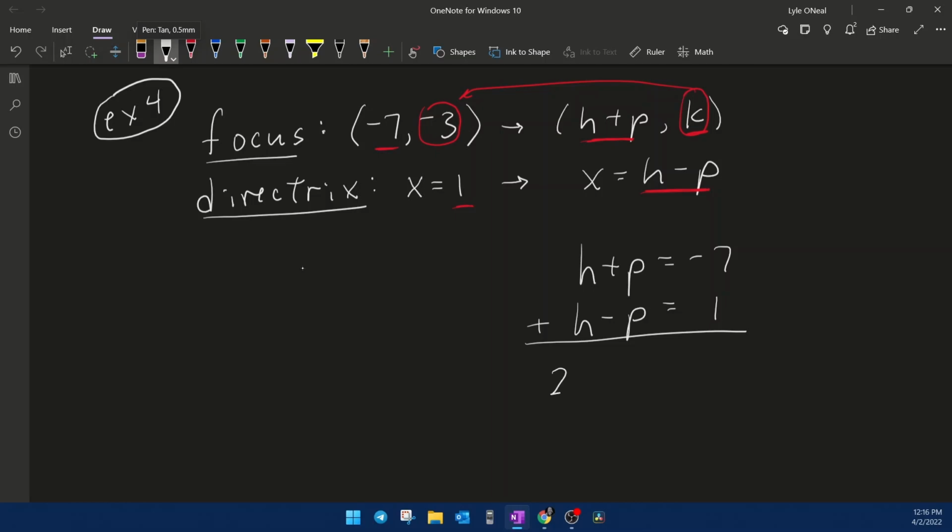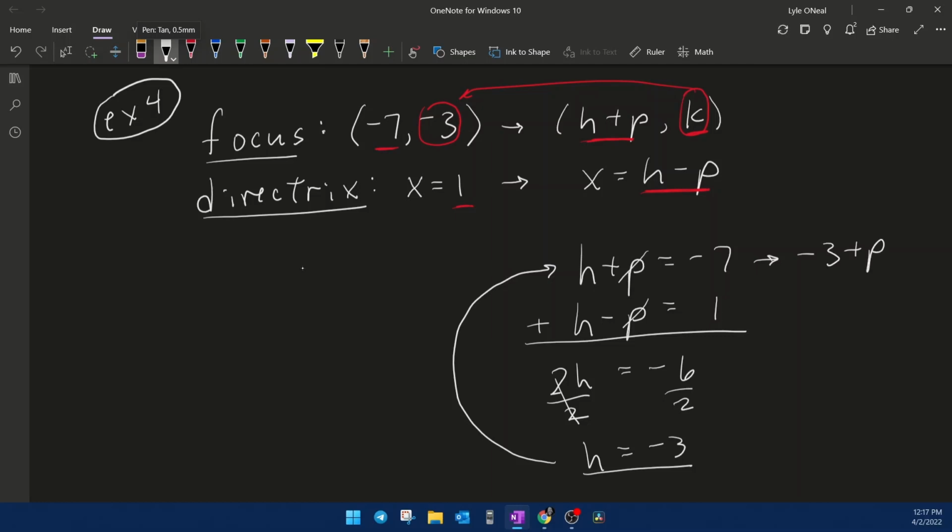Adding, we're going to get 2h. The p's cancel. Negative 7 plus 1 is negative 6. Dividing both sides by 2 gives me an h value of negative 3. And then if I bring that back up and substitute, that will tell me negative 3 plus p is negative 7.